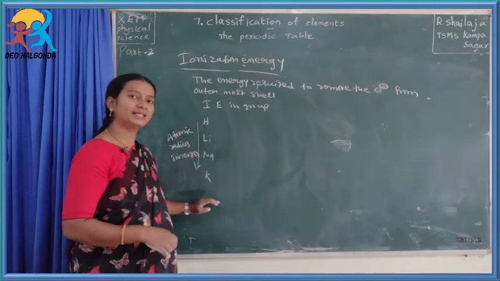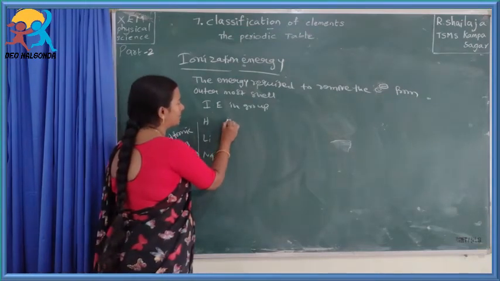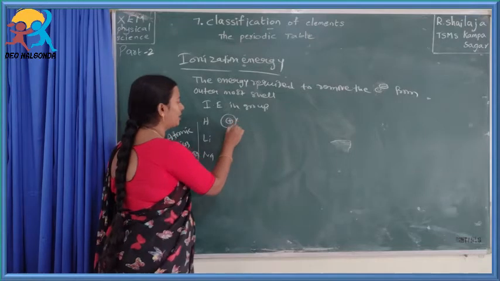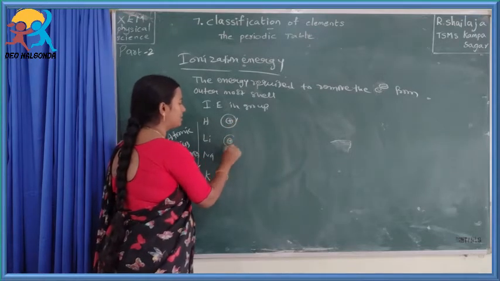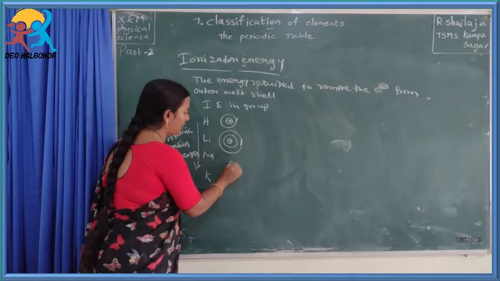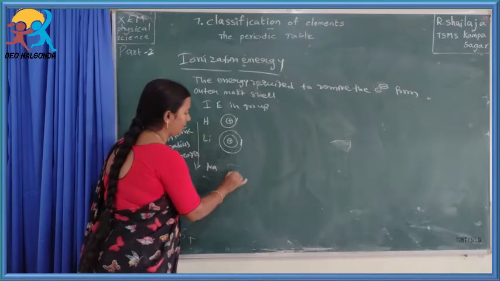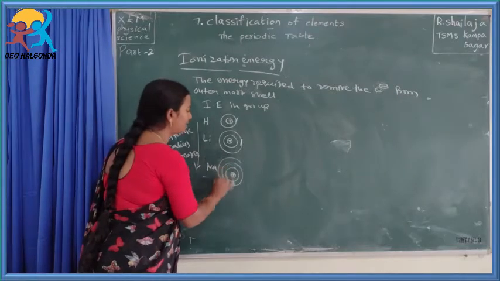Why? Because shells increase, so atomic radius increases. Here nucleus to first shell electron, here nucleus to second shell electron, here the nucleus to the third shell: first shell, second shell and three shells.